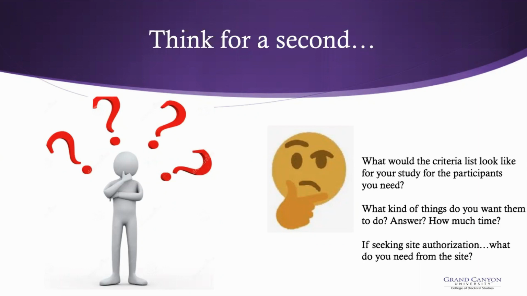Are you asking a clinical practice to access their psychologist? What is it that you're going to do? And what is the list of the people, the actual human participants, if you were to sit down right now on your desk or on your kitchen table or thinking about it while you're listening to this presentation, what is that exact list of the criteria that identifies the people you need for your study?